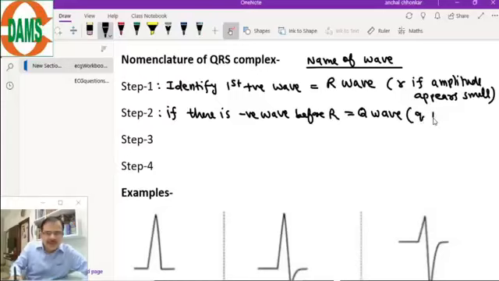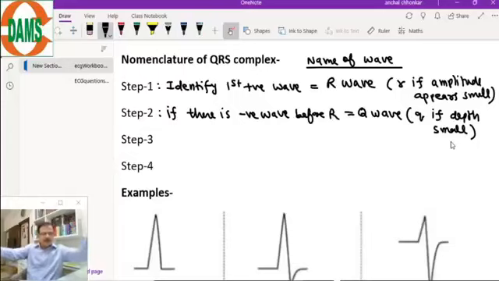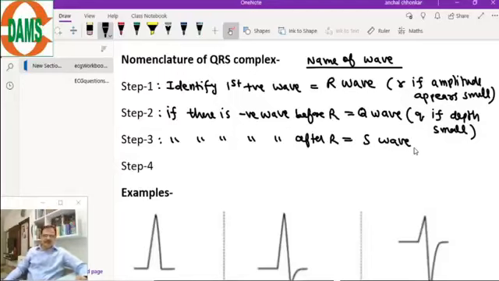Small q if the depth is small. Now third step, if there is a negative wave after R, call this S wave. It will be known as an S wave.